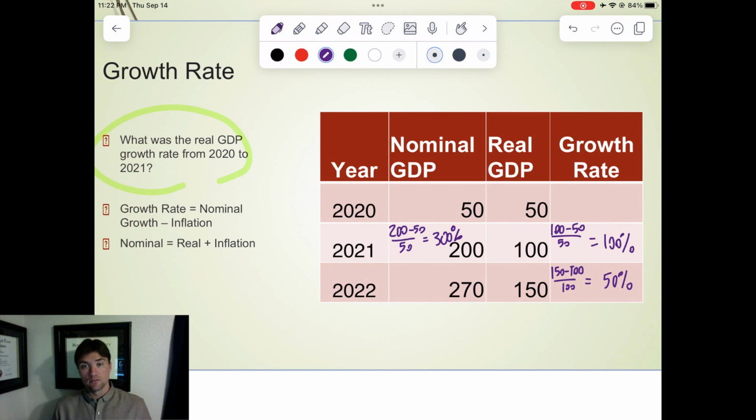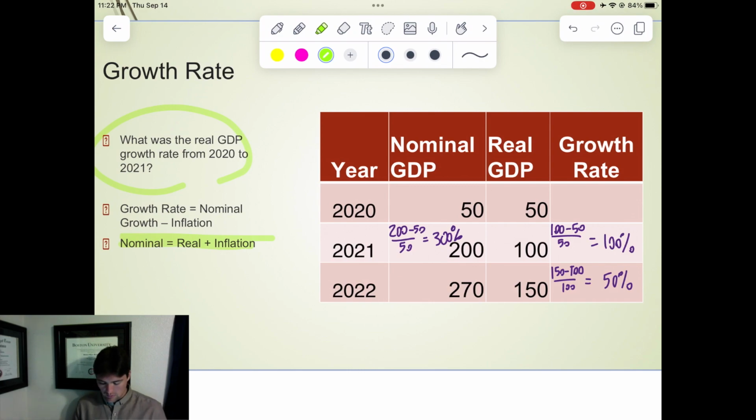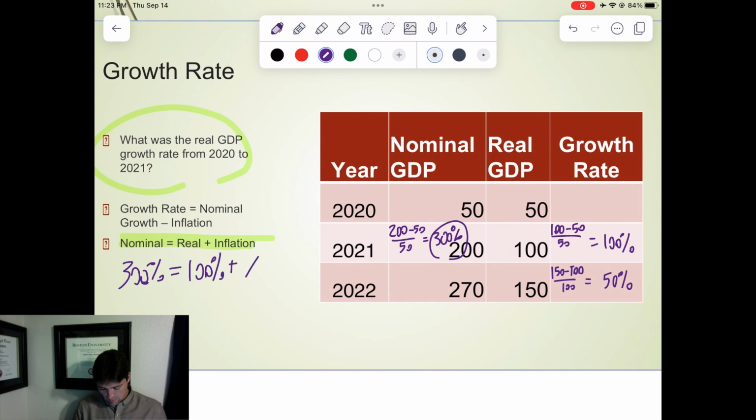So real is 100%. That's how this formula would work out. But in general, I like this one right here: nominal is equal to real plus inflation. So in this equation, we know nominal is 300% and we know the real is 100%, so that means the inflation is 200%.